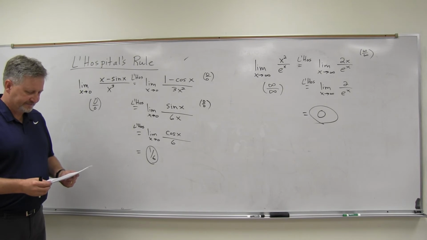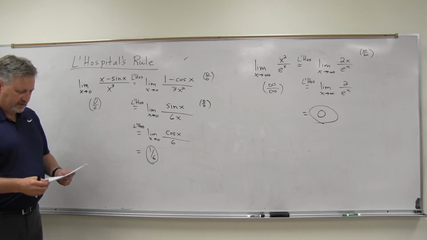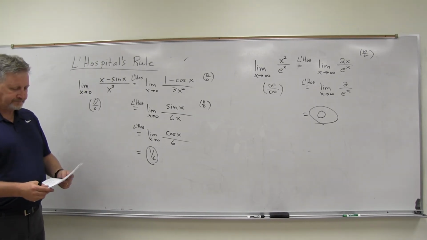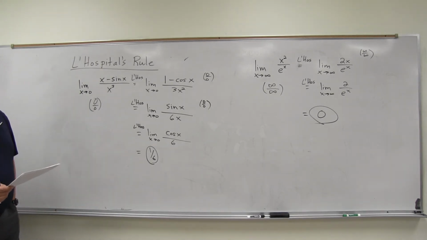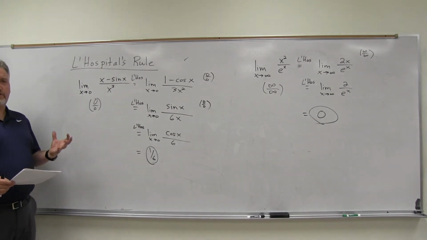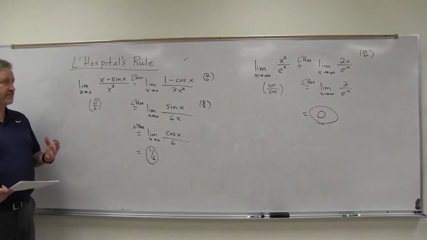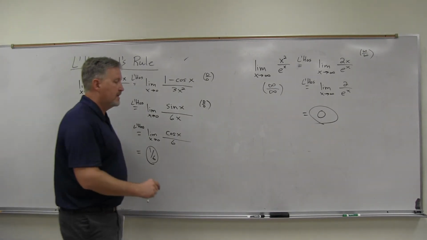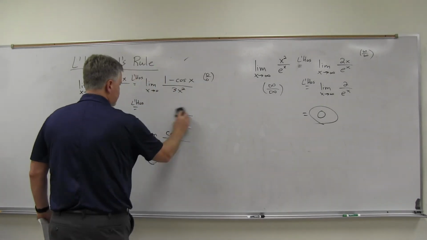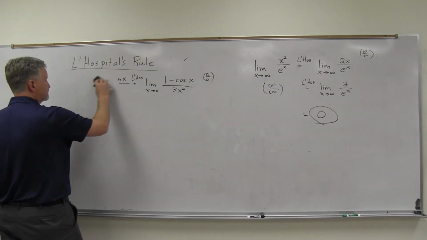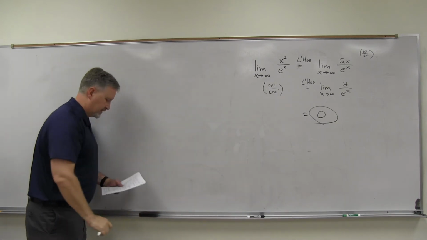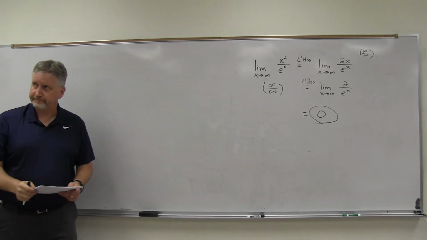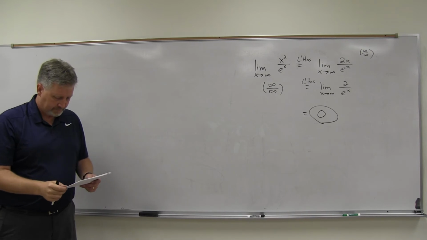All right. Now, there's also a couple of other indeterminate forms, and that's what we're going to talk about next. But before we do that, let me get you to look at something else.